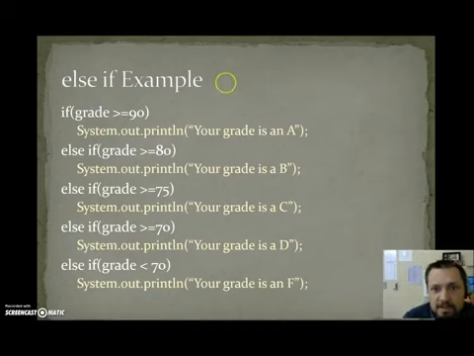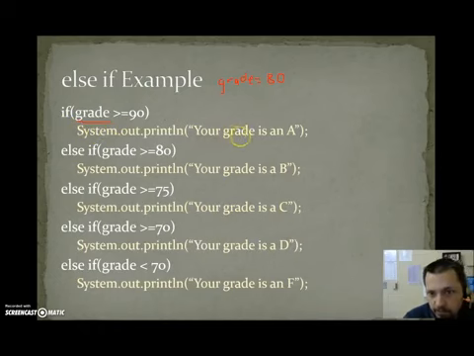So I believe in our last example we did grade 80, so we're going to write in grade equals 80. So our grade's 80. If the grade is greater than or equal to 90, which it's not, then do the below line of code.